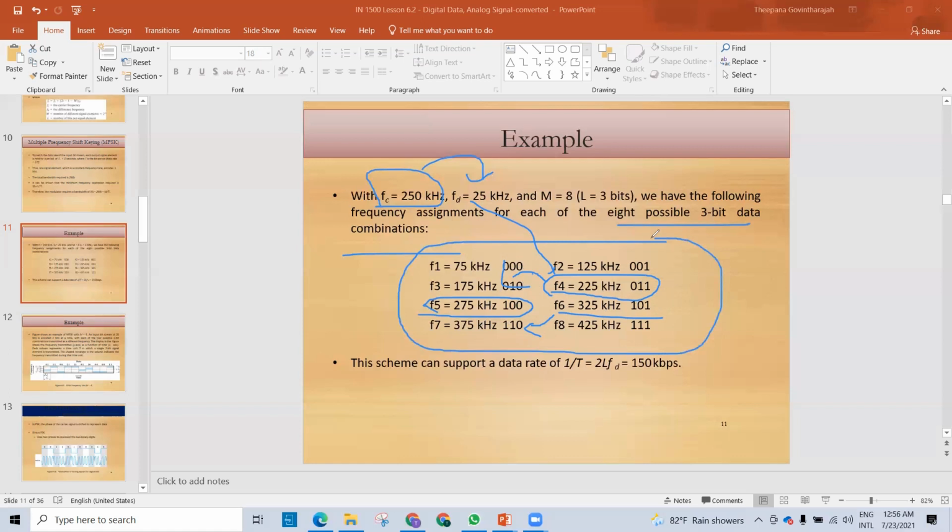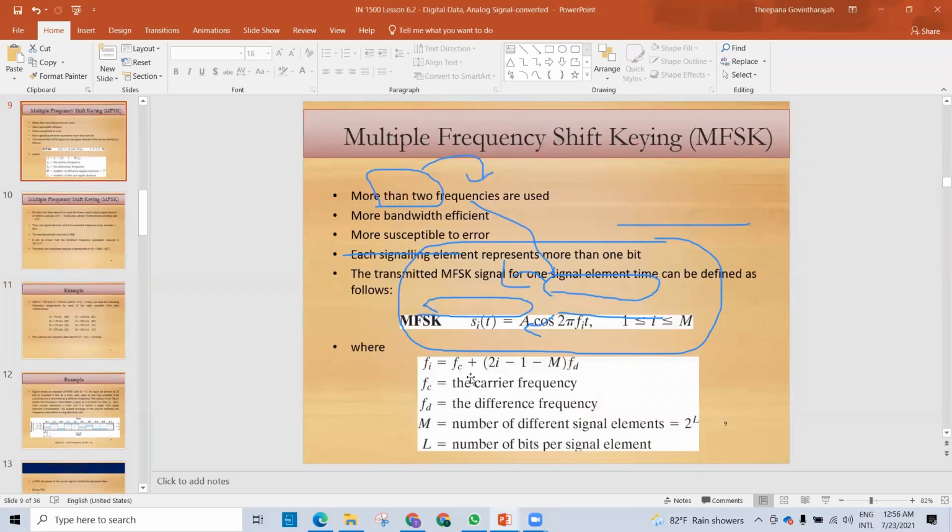But to find the frequencies, we have the formula. Fi is equal to Fc plus (2i minus 1 minus M) times Fd. In the question, Fc is 250. For i equal to 1, 2 into 1 minus 1, that is 1, minus M, 8, so minus 7 Fd.